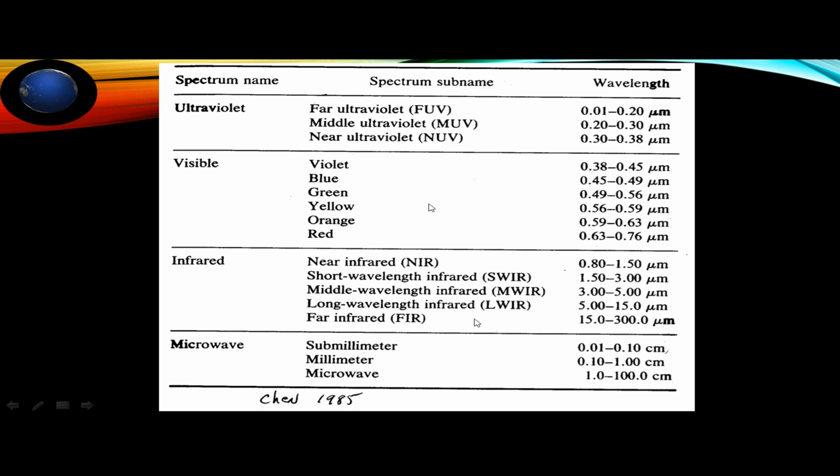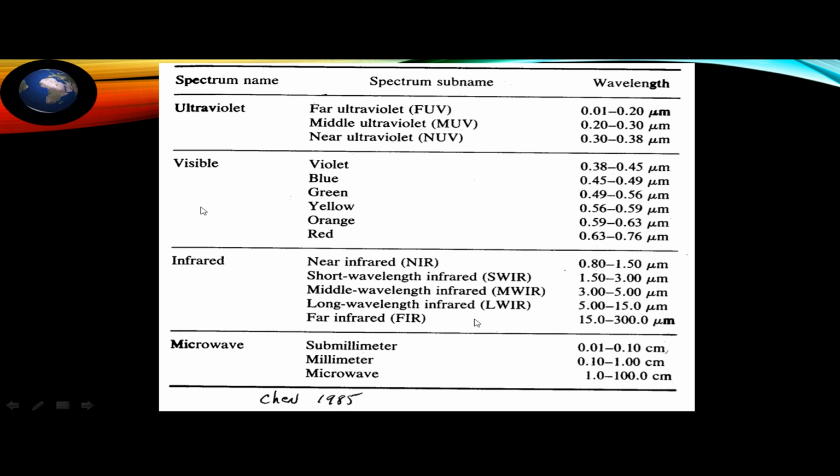Different spectrums have different wavelength ranges. Similarly, there are near infrared, short wave infrared, middle wavelength infrared, long wavelength, and far infrared. So there are divisions within the spectrums themselves, each for a particular range of wavelength, and then the microwave.